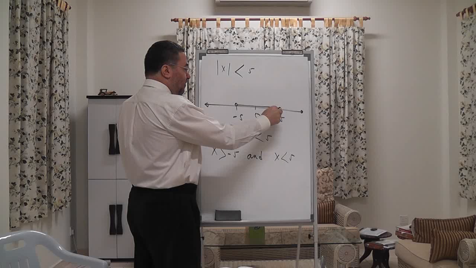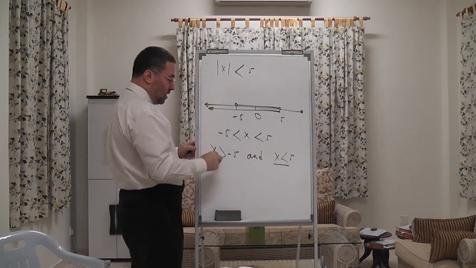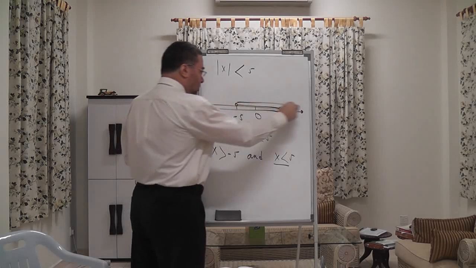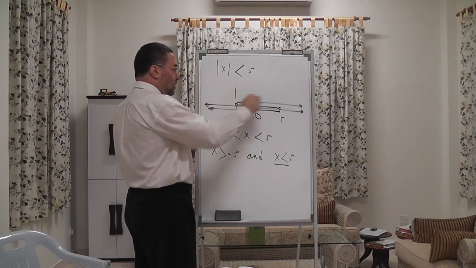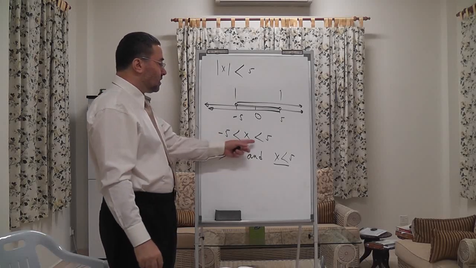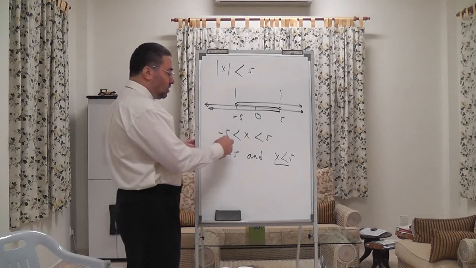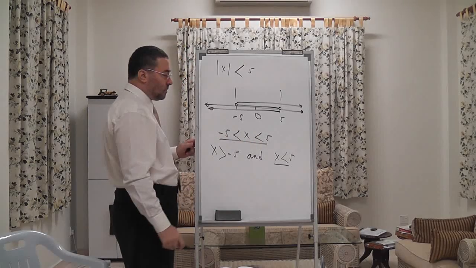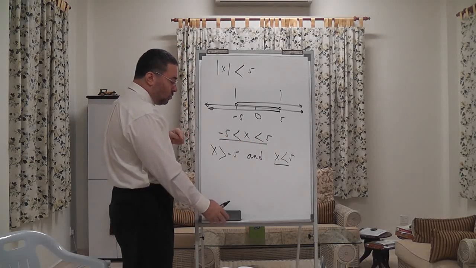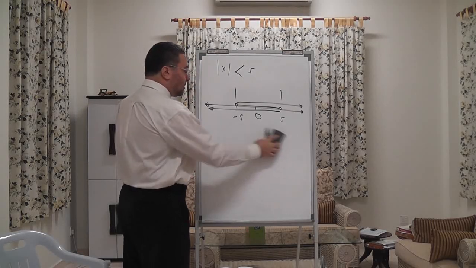If we graph this one, it will be this way, and if we graph this one, it's going to be this way, and the overlapping region is this one. That's very obvious in this case because this is an easy example, and we have seen the solution from the beginning. But when we do more complex exercises, that is not going to be obvious.